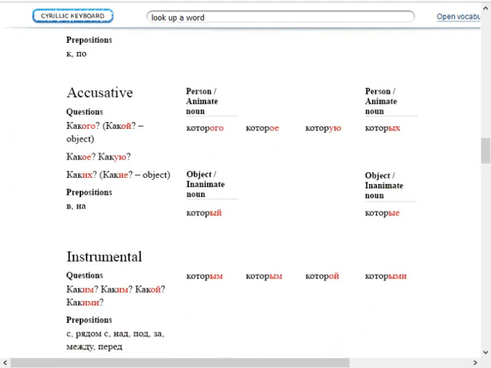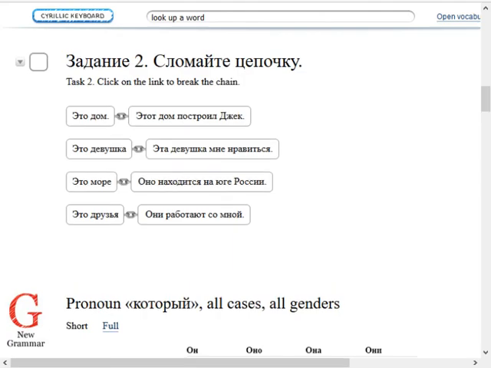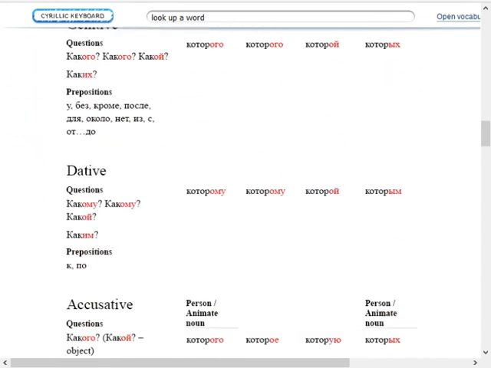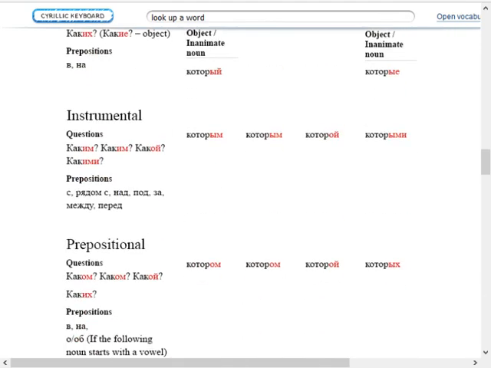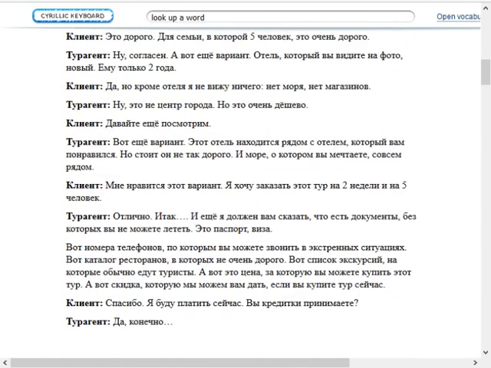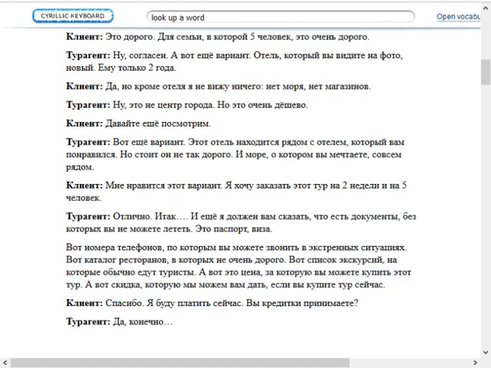Za actually shows up here under instrumental case, but in this case it is the accusative case. So here's the price, за которую, for which you can buy this tour.